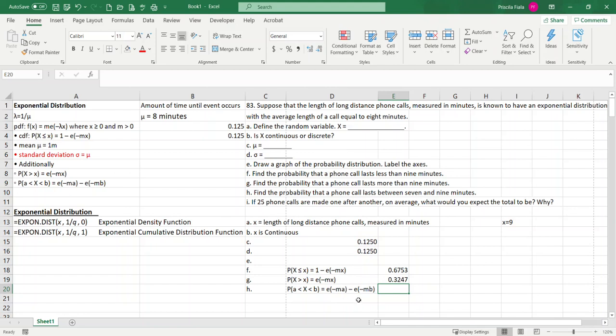Minus the exponent of my negative mean times my b, which in this case is 9. So if you look at it, you would read like this. What is it? 7 and 9, right? So my x and then 9, which they replace here with a and b. That's what it means, okay?